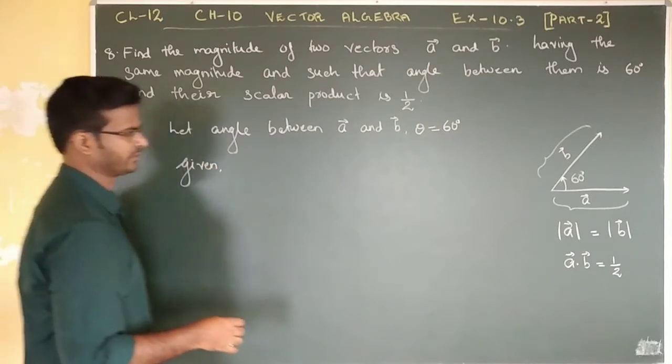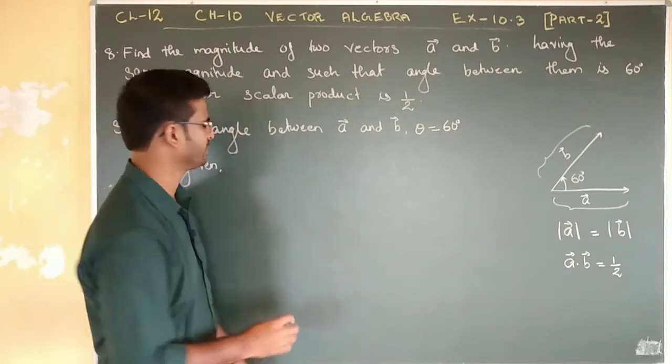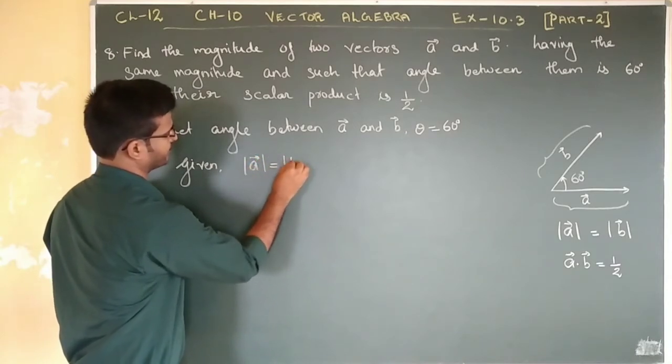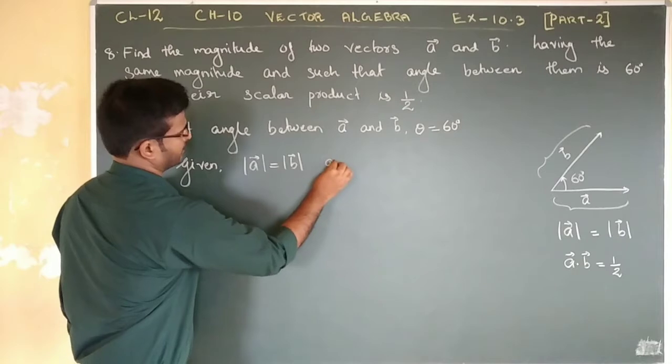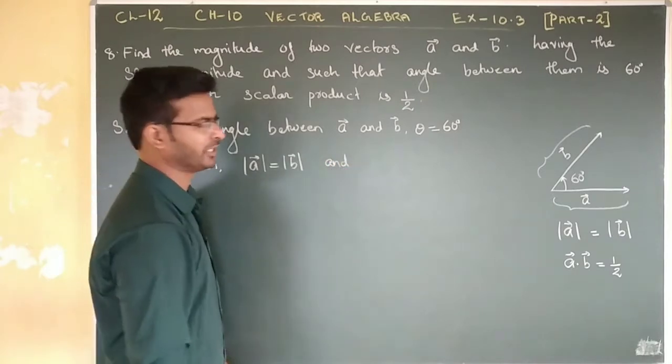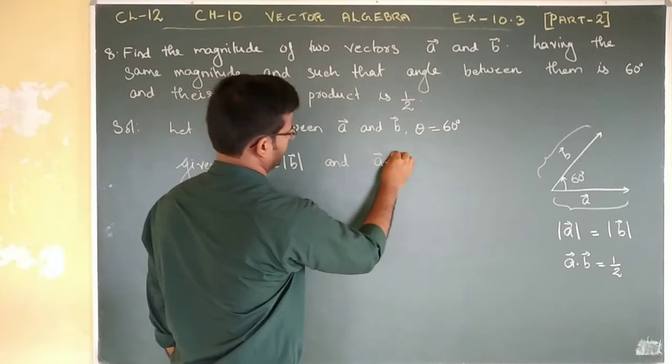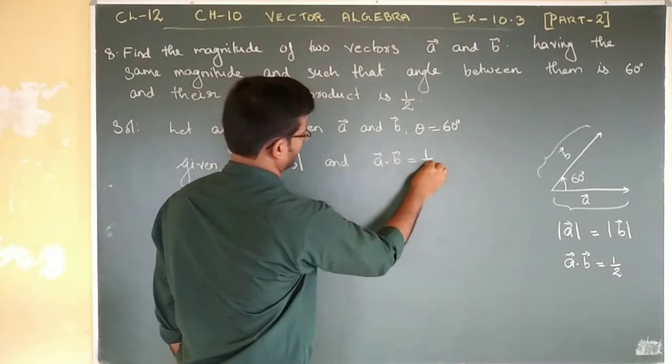Given some more conditions, the magnitudes of both vectors are equal, and the scalar product is 1 by 2: A dot B equal to 1 by 2.